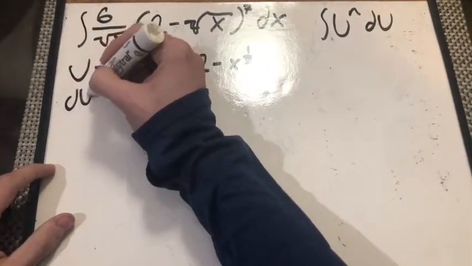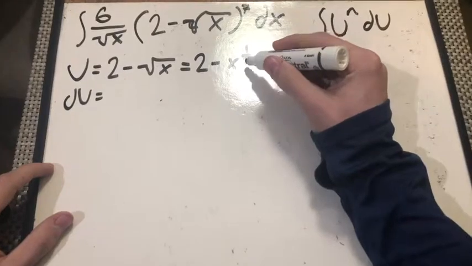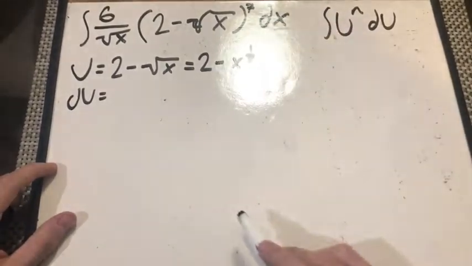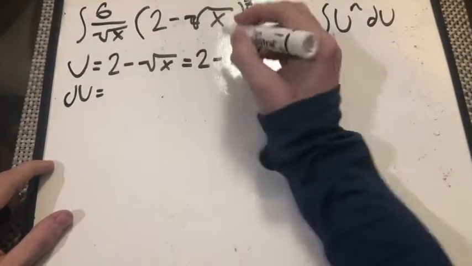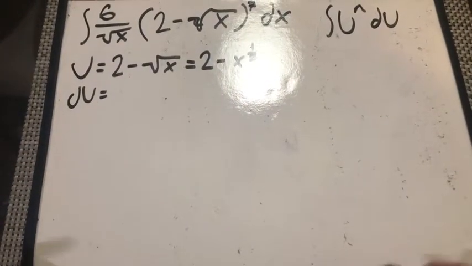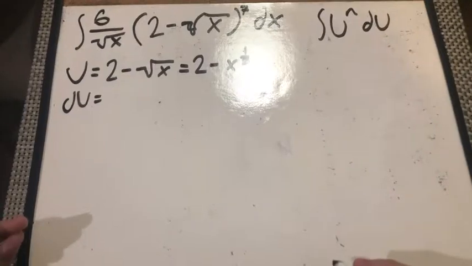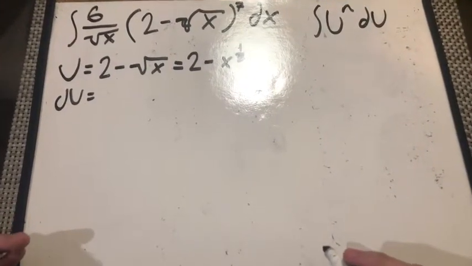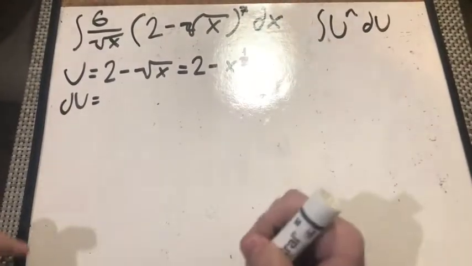Now, to get the du, we have to get the derivative of our u, which is going to be, well, first we have to get rid of the 2, obviously, because the derivative of 2 is just 0. So to get the derivative, we have to get the derivative of this one, obviously.